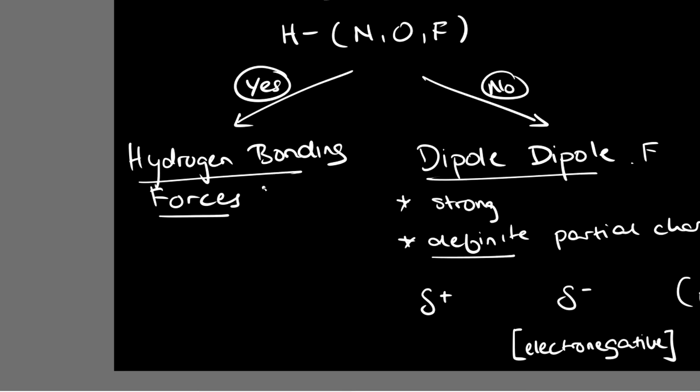They're just interactions between molecules. The reason we call it hydrogen bonding is to distinguish it from the dipole-dipole, because hydrogen bonding is more or less just a stronger dipole-dipole.